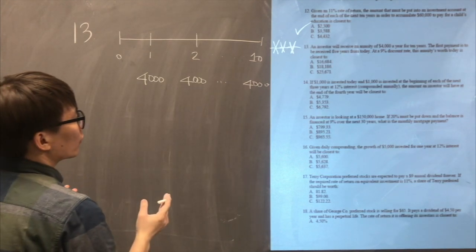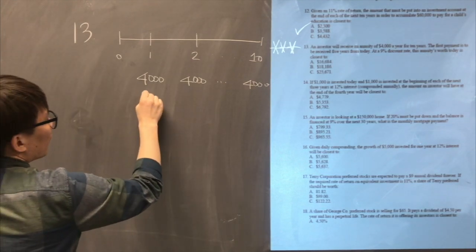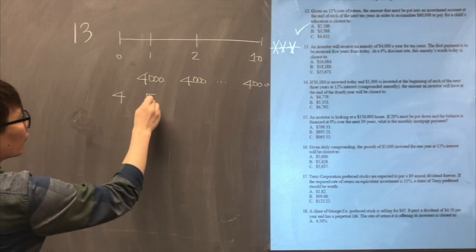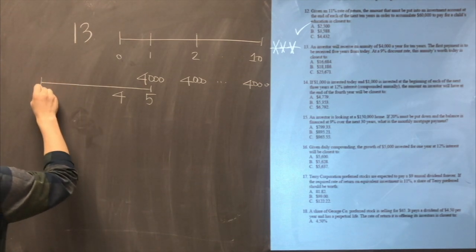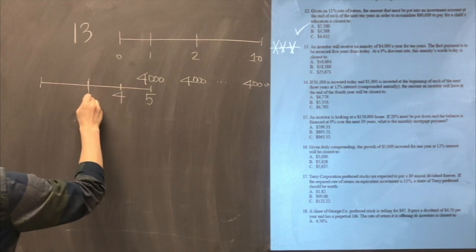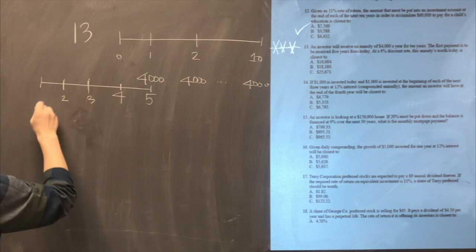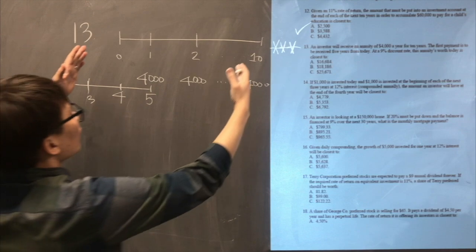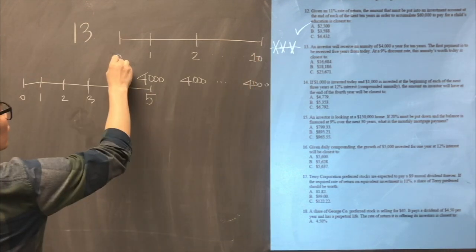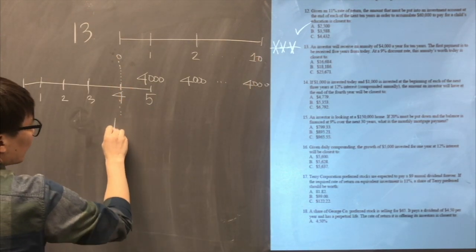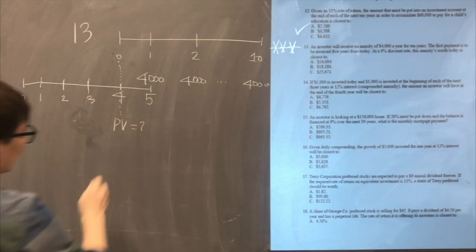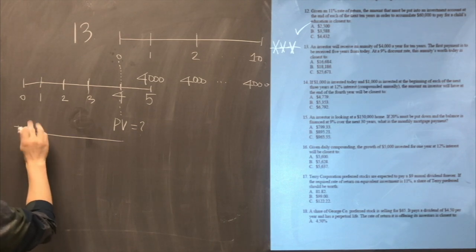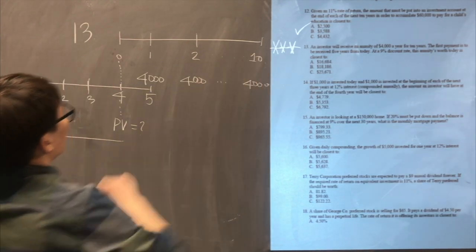So in other words, I will draw another timeline: 5, 4, 3, 2, 1, 0. You need to figure out the present value of this one, and then discount it to today. Step 1 and step 2.